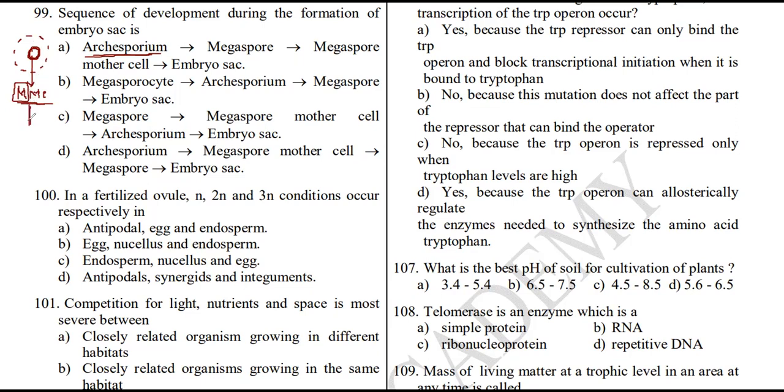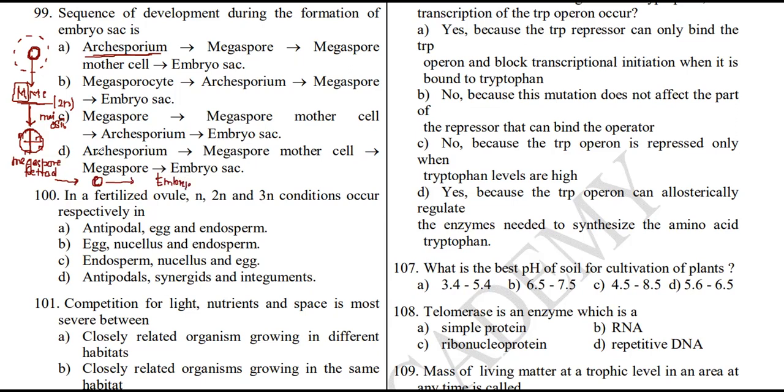So the megaspore mother cell is going to be diploid, and this diploid undergoes meiosis to form 4 haploid cells. This is haploid, this is haploid, this is haploid, and these are the megaspore tetrads. Out of these only one is going to be functional, so we will write only one megaspore, and this megaspore develops into an embryo sac.